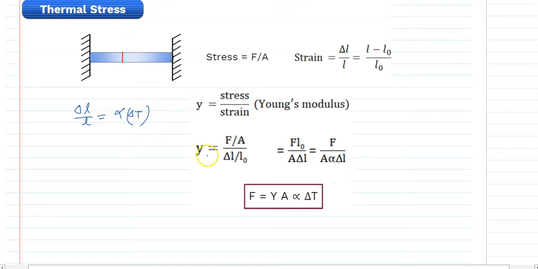Then Y will be F by A by del L by L, then del L by L will be alpha delta theta, then we can get F equals Y A alpha delta T. Okay, Y A alpha delta T. This is the relation, or this is called thermal force, or F by A, the thermal stress, will be Y alpha delta T, or delta theta you may say.